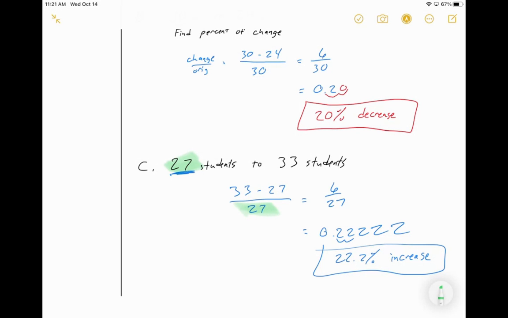So sometimes people put the wrong number here. They say, but Mr. Leong, 33 is bigger. That doesn't matter. But Mr. Leong, 33 students seems like it fits better. That doesn't matter either. It's just the first, where you start is your original, okay? Where you started is your original, right? So in our example, the $5 was the original, or the $1,000 was the original, okay? So just keep that in mind.